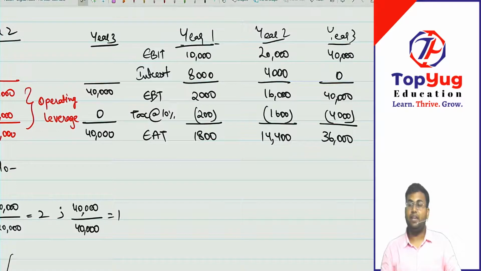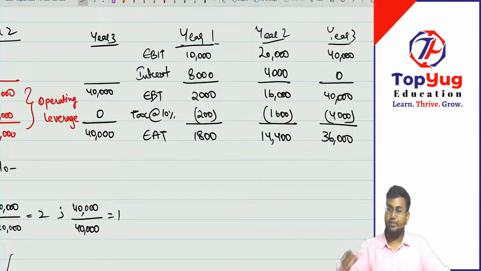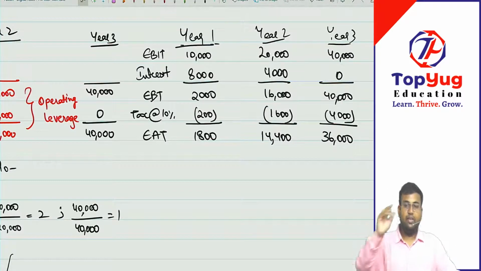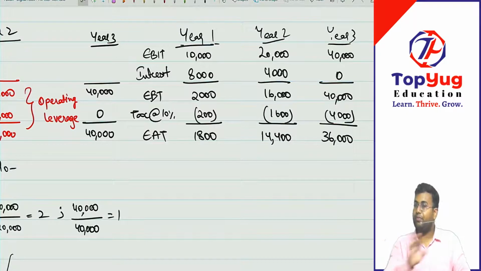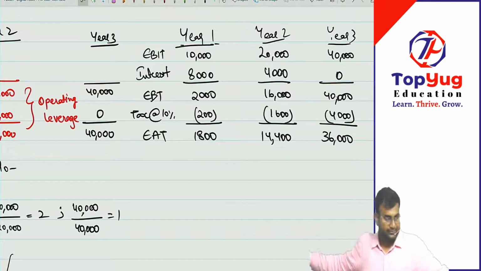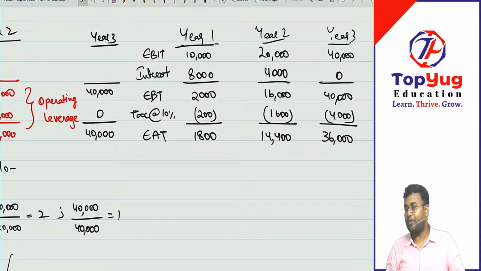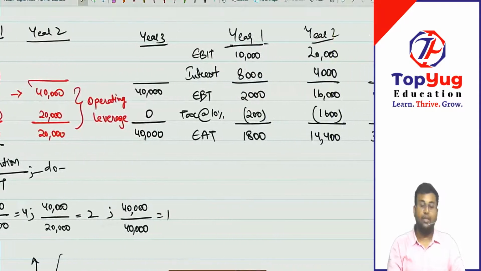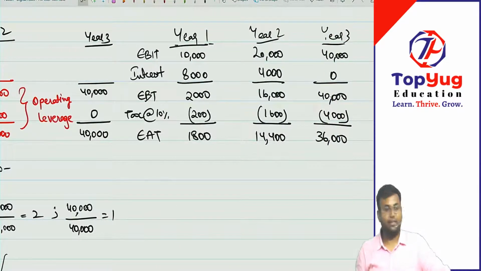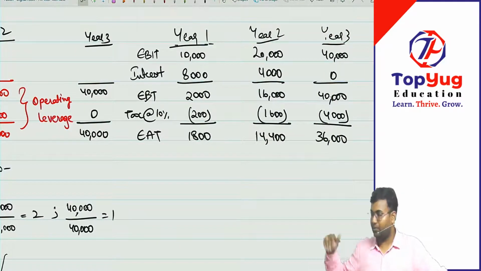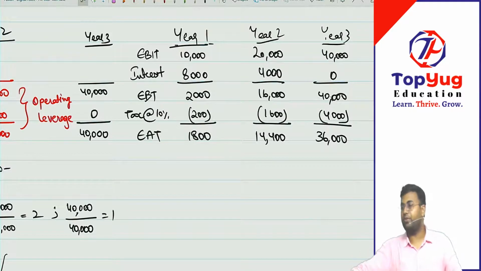Variable cost is a fixed percentage of sales, so contribution by sales will always remain constant, 40%, 40%, 40%, 0.4, 0.4, 0.4. Why? Because that ratio will never change.